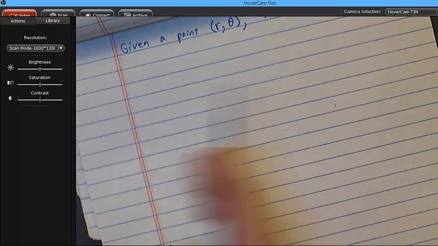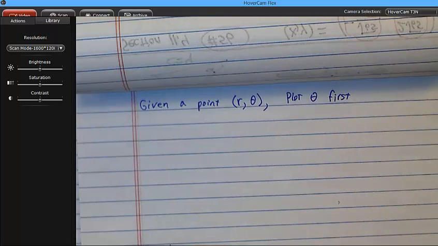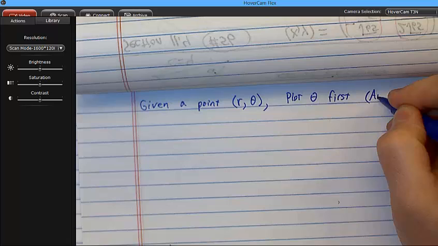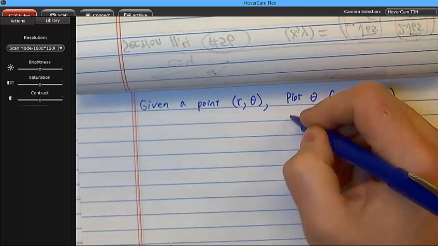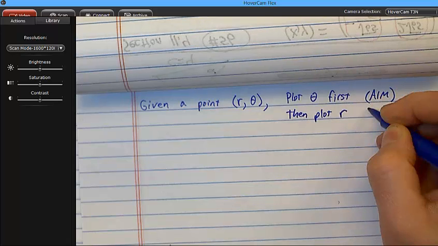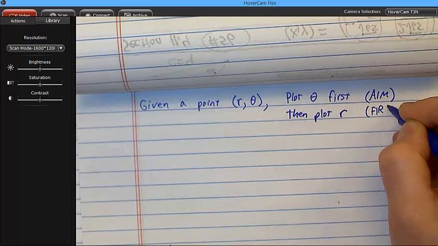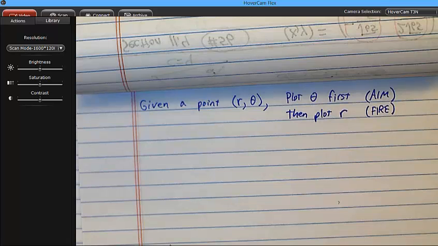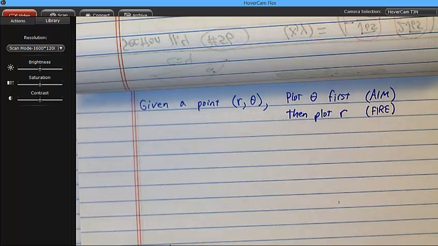In other words, aim, then plot r, fire. You have to aim before you fire. See, r tells me how far you're going to be shooting the gun. The gun is at the origin. And theta is the angle that I need, okay?